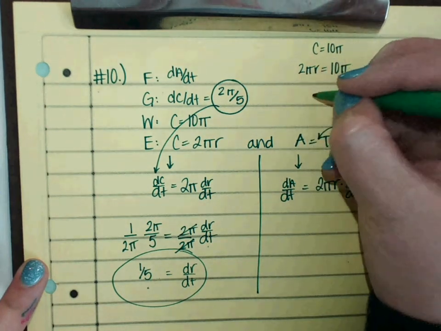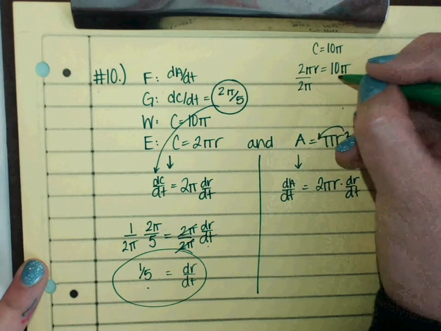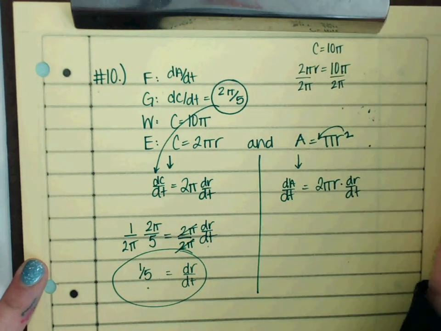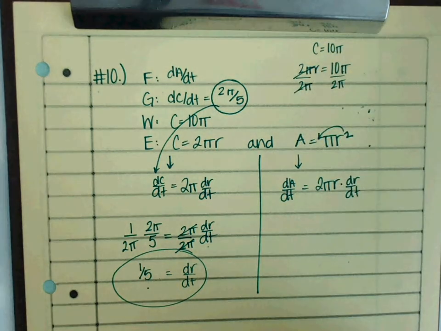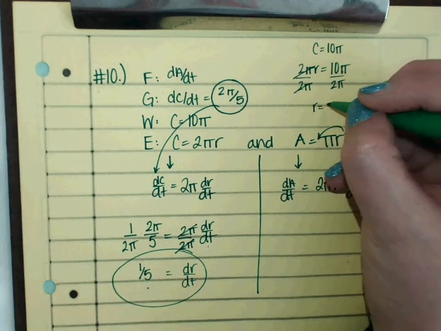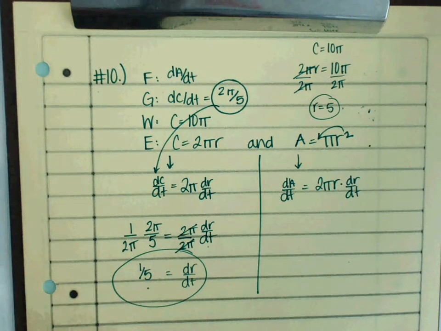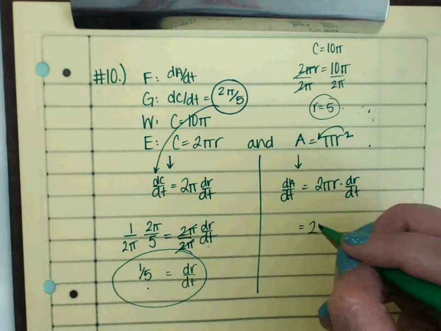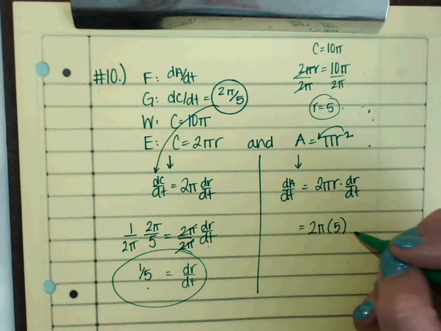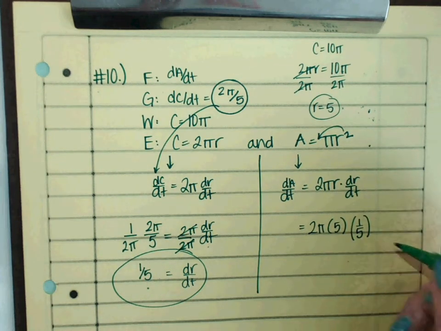5. It's just like when they give you 2 sides of the triangle, but you have to go back and find the third one. It's the same kind of thing. They're telling you something you don't really need, but you can use it to find what you do need. So r is 5. And now from there I can plug into here. So I'll have 2 pi, my r is 5, my dr/dt is 1 over 5.